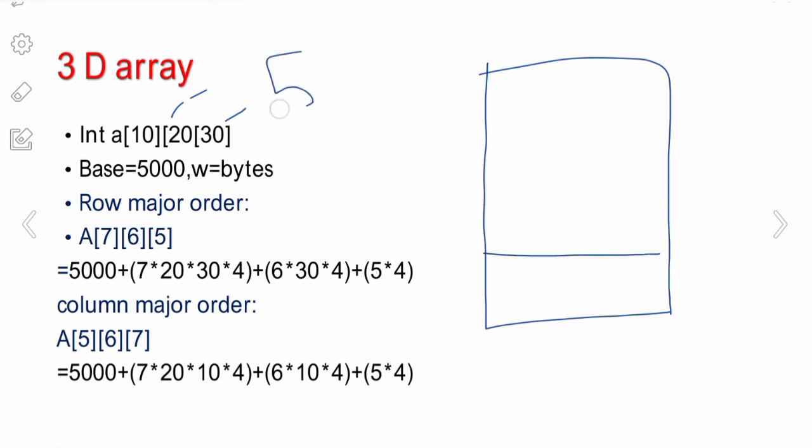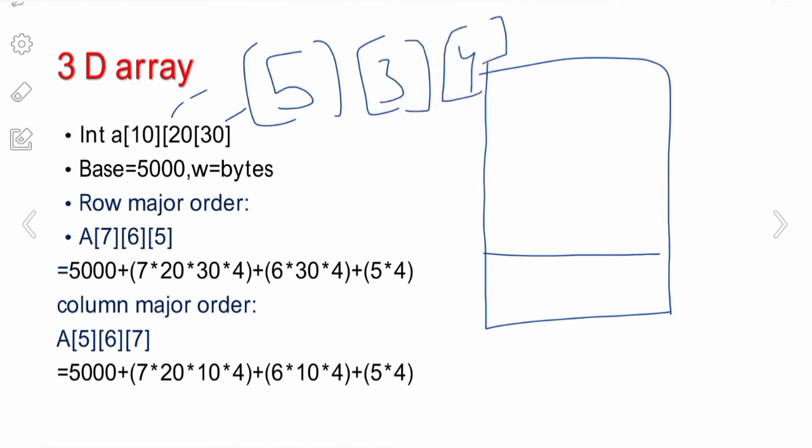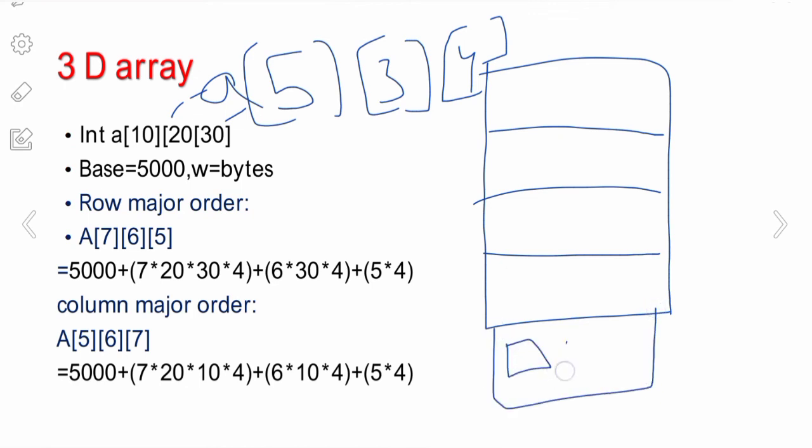Suppose I am taking the values 5, 3 and 4. So this is a 3-dimensional array A of 5, 3, 4. That means in the particular apartment there are 5 rows and in each row there are 3 flats, and in each flat 4 people are living, right? So in this manner we can understand the 3D array.